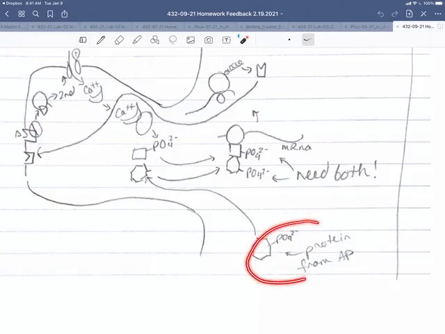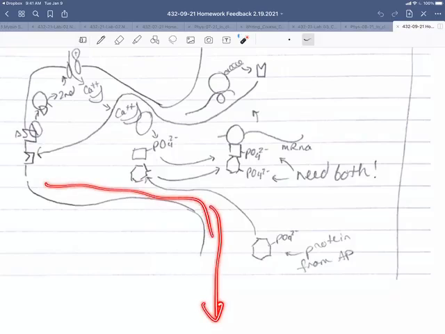Anyway, we need some signal, in this case a phosphorylated protein, and if we set our conditions such that we need both the protein that's phosphorylated because of this calcium signal here at the dendritic spine, and only if there was an AP that came from this do we get the signal back.